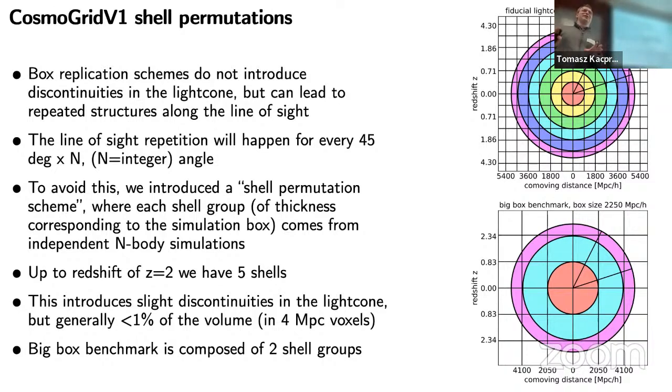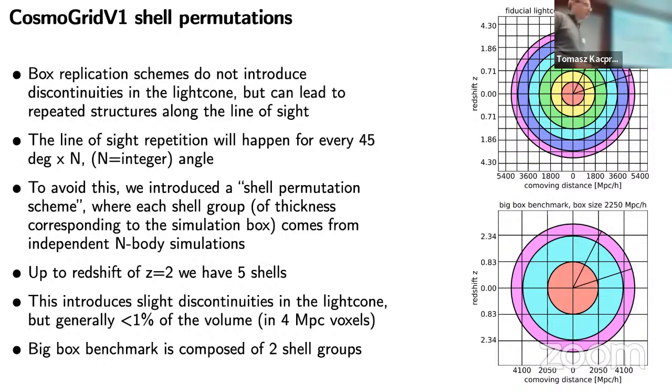For 3D, it probably would be different, but that's a different story. And given that we have 7 simulations per point, we can use that box replication scheme, shell permutation scheme, to avoid these effects and further bring the simulation closer to the true cosmic variance that we would have if we had infinite computing resources.